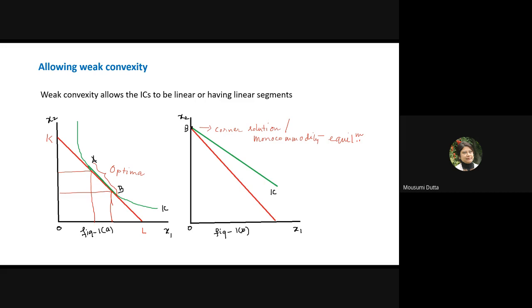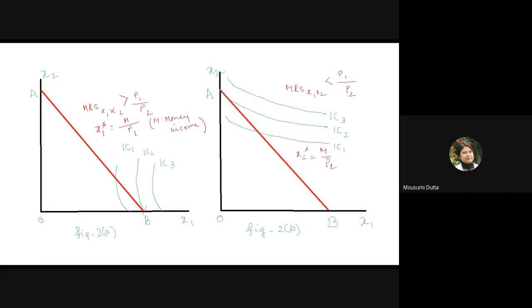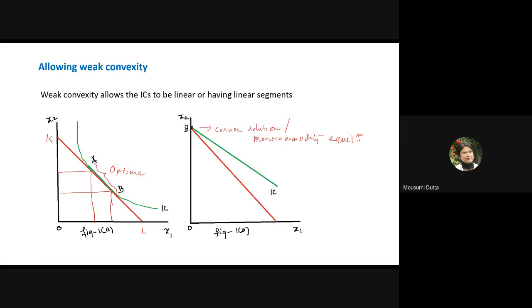This type of solution is called the corner solution or monocommodity equilibrium.